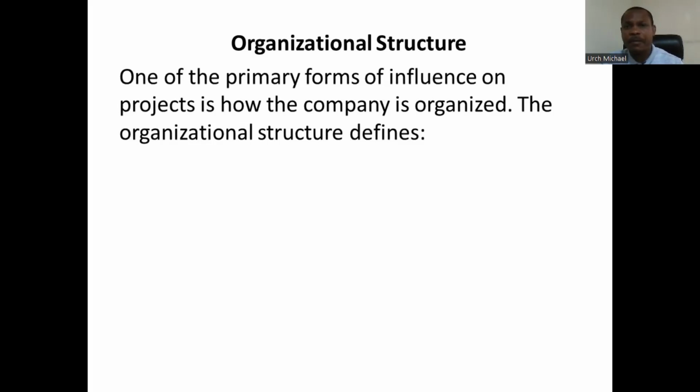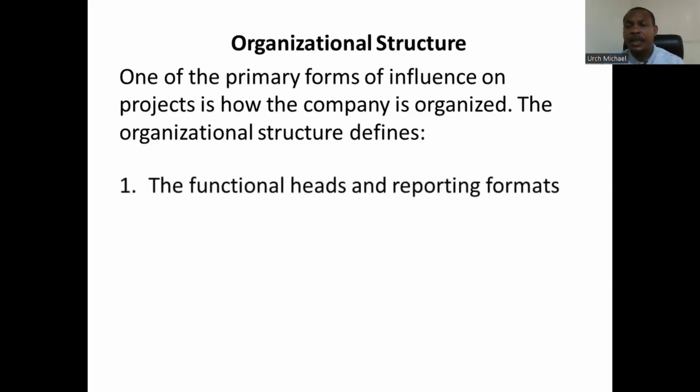One of the primary points of influence on projects is how the company is organized, the organizational structure. It defines the functional heads and reporting formats in an organization. If you are in any organization, you want to know who your boss is. Who do I report to?